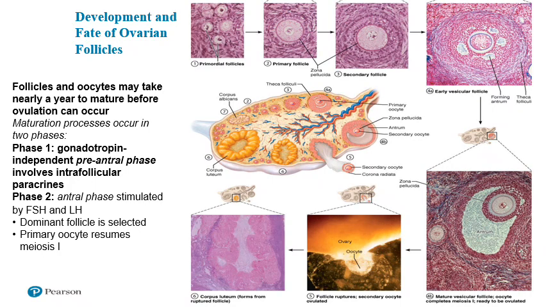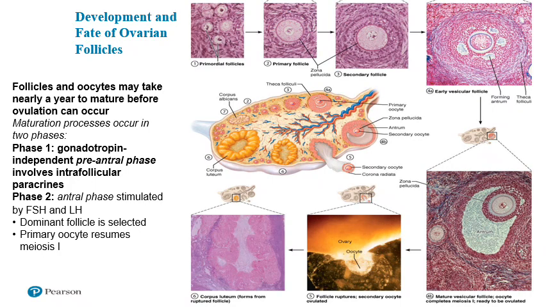The dominant follicle in the preantral phase is the primary oocyte. This will now start to resume the arrested meiosis 1. When we were born, it was arrested in prophase 1, up until puberty, and then from prophase 1, meiosis 1 will continue.